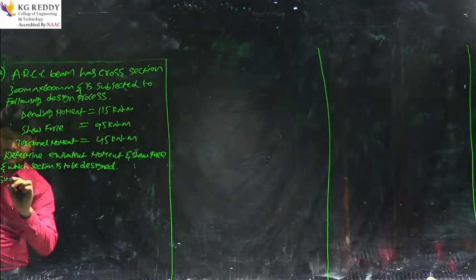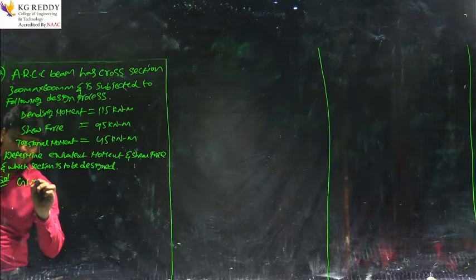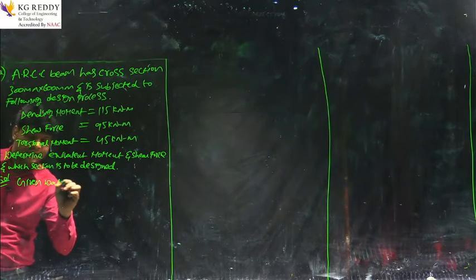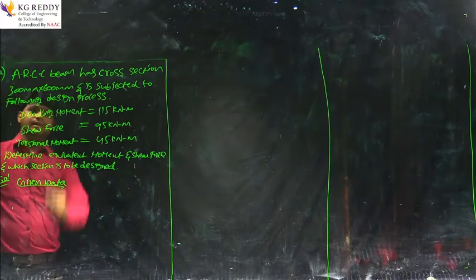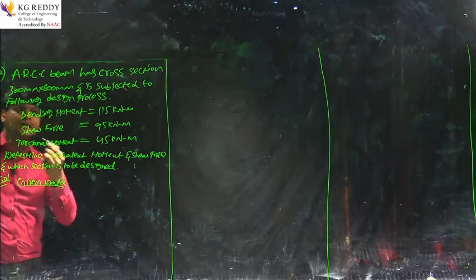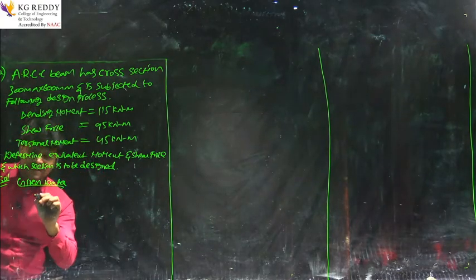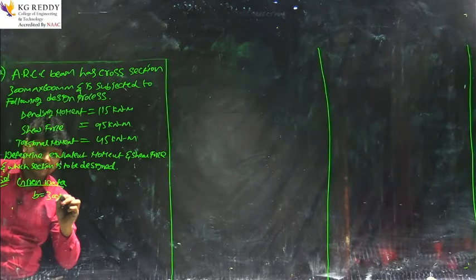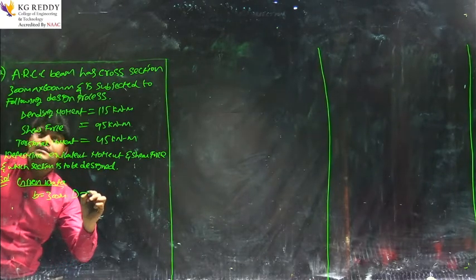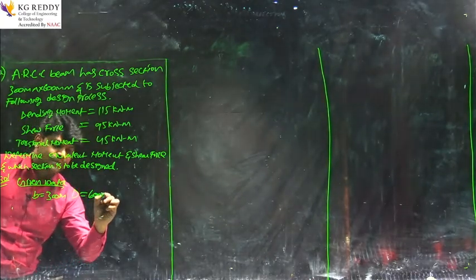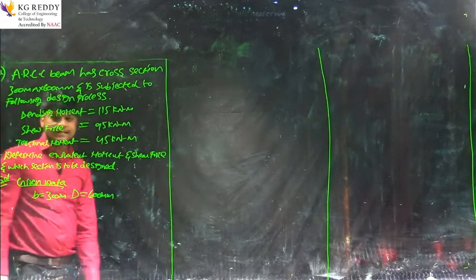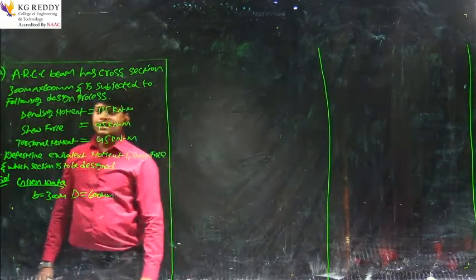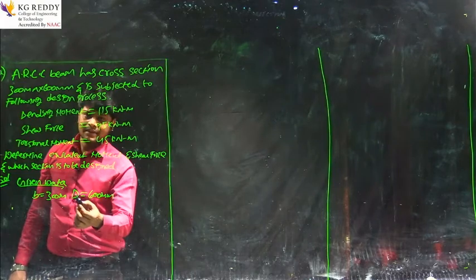First we write the given data. What is given in the problem? The cross section is 300 mm by 600 mm. That means the width b is 300 mm and the depth D is 600 mm. This capital D means the overall depth.